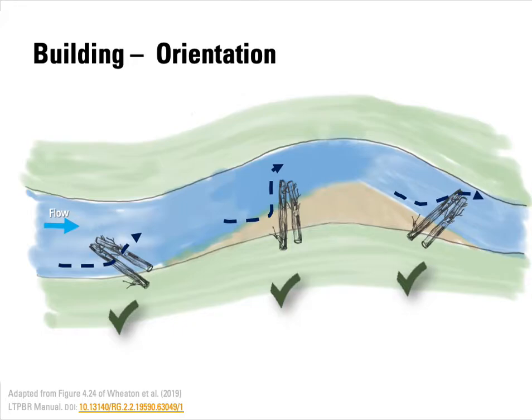We tend to build them facing downstream or perpendicular, because we've seen a lot of natural jams that are orientated this way, but we've also noticed that it really doesn't matter which orientation you use. They all kick off hydraulic change, shown by the arrows here, and ultimately geomorphic change. So I would suggest you mix up your orientation.